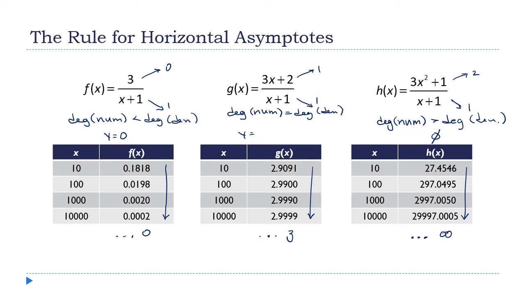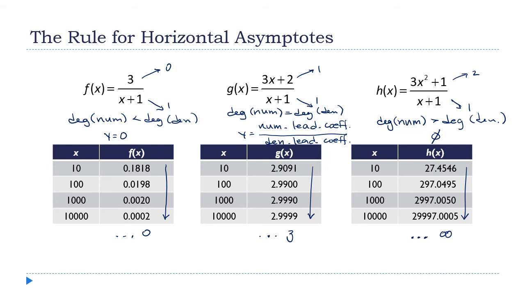It's the numerator's leading coefficient divided by the denominator's leading coefficient. Leading coefficient, that's just the number in front of the biggest term.